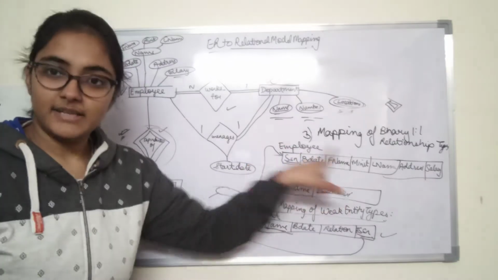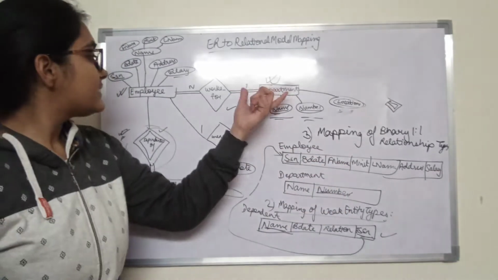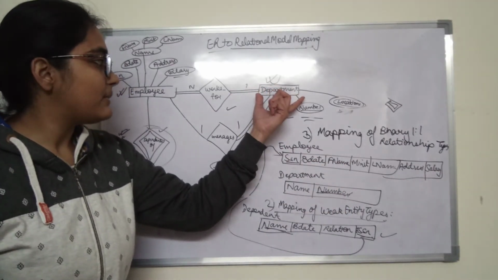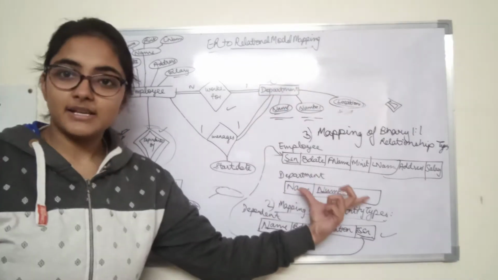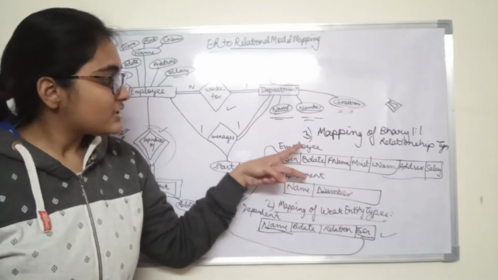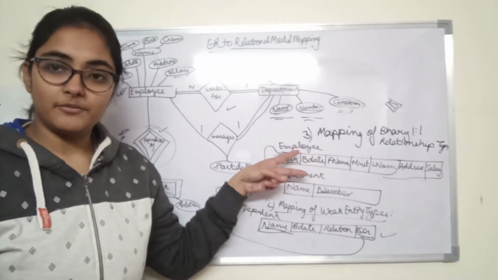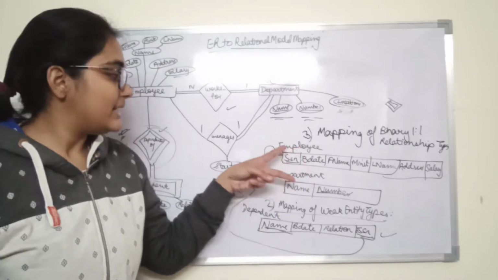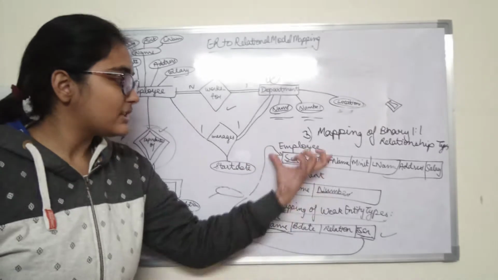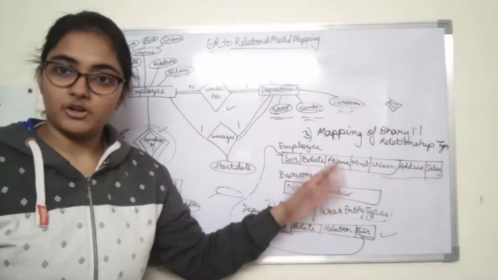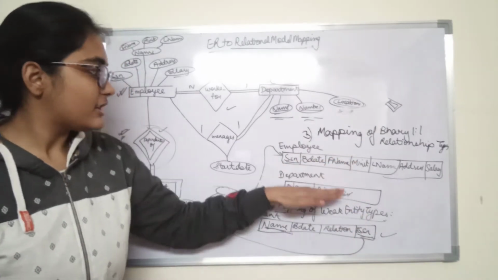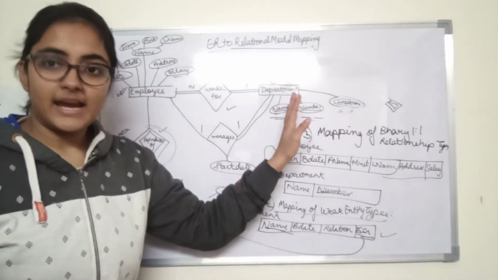By this relation employee. And the corresponding relation for the department entity type is the department relation. So these two relations are the ones we have to use in order to convert this relationship type into relational model.